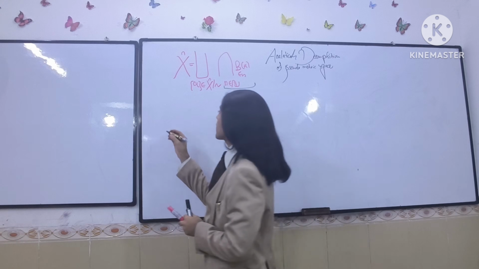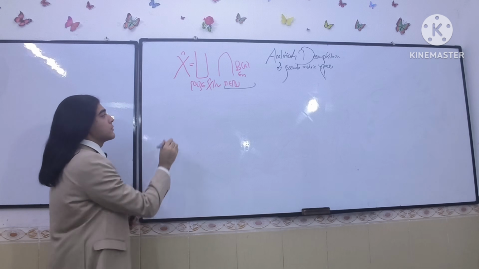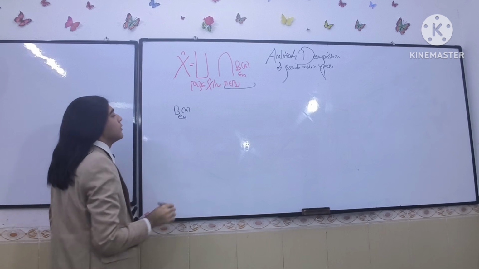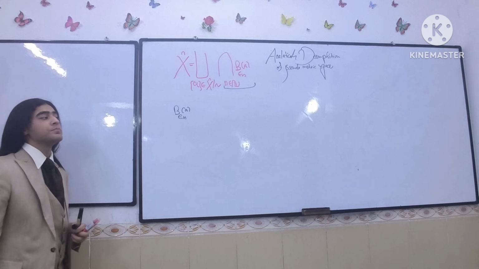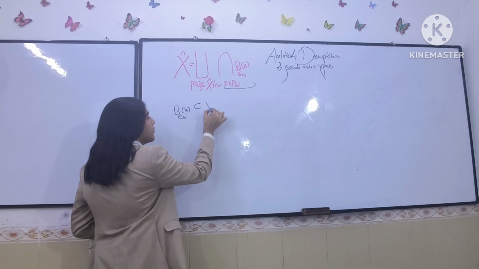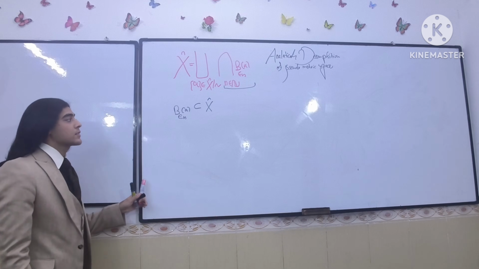Firstly, the open balls or neighborhoods are indexed by epsilon n. It's a subset of the pseudo-metric space X hat.